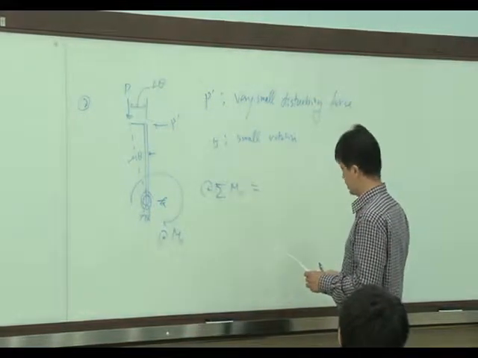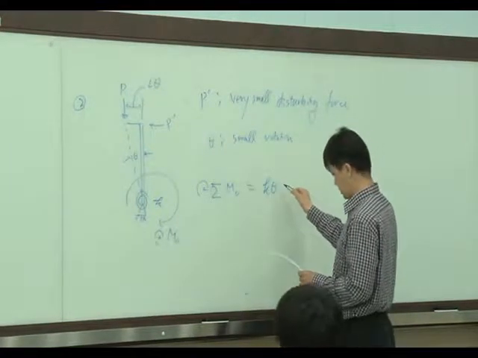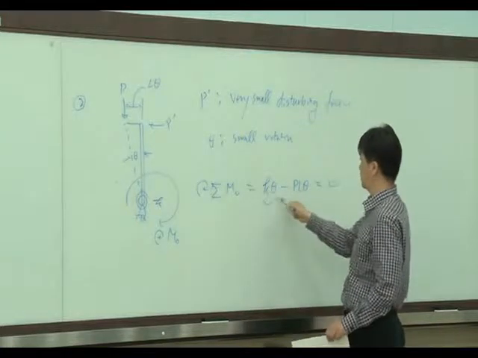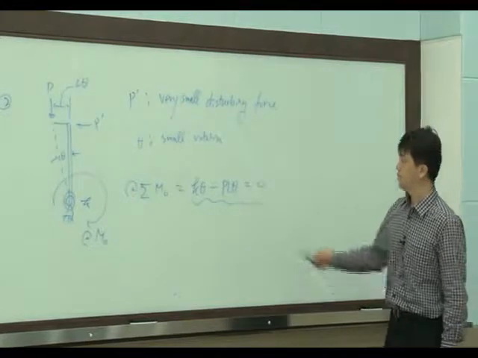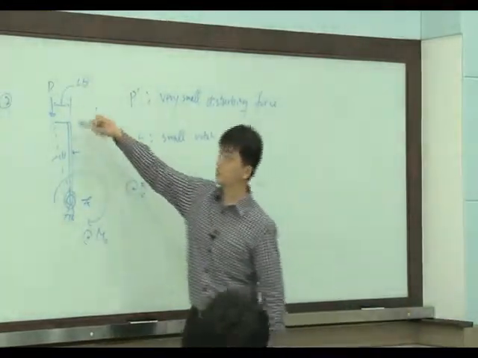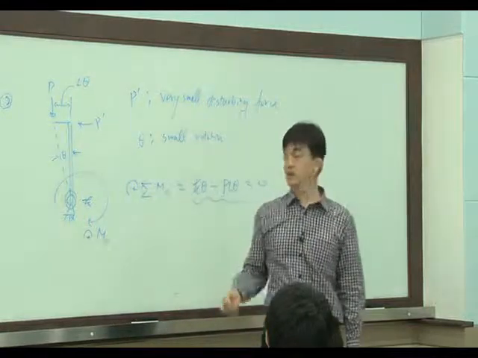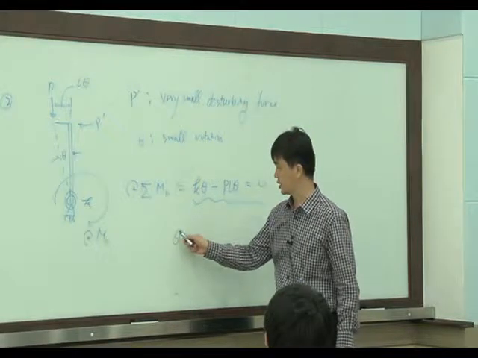So k theta minus P L theta equals 0. This is the equilibrium equation, right? P L theta is the moment due to the vertical force P.